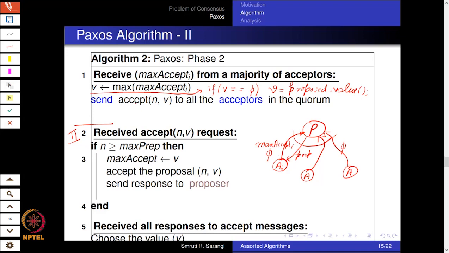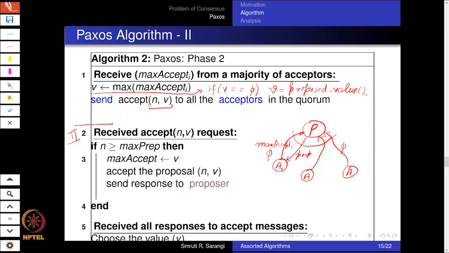So after that, we send an accept message. This time the message has the number and the value, quite unlike the prepare message that did not have the value. So we send an accept n,v message to all the acceptors in the quorum, and that begins phase 2.